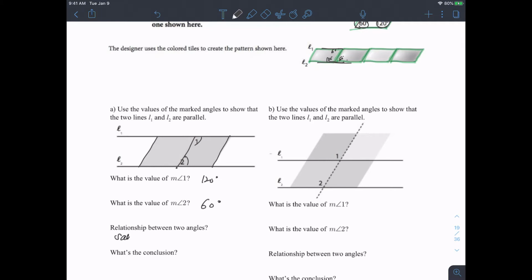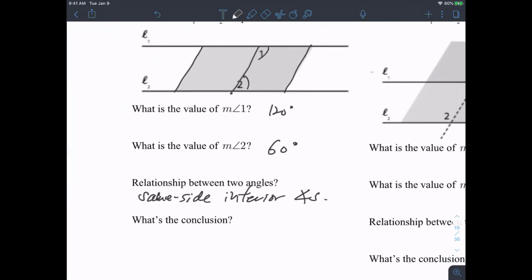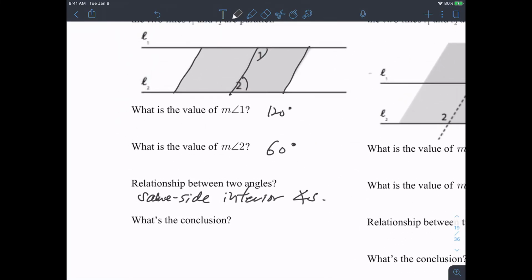They're same side interior angles, right? If that's the case, what do we know if the same side interior angles are supplementary? They're at 180, right? So what is the conclusion?